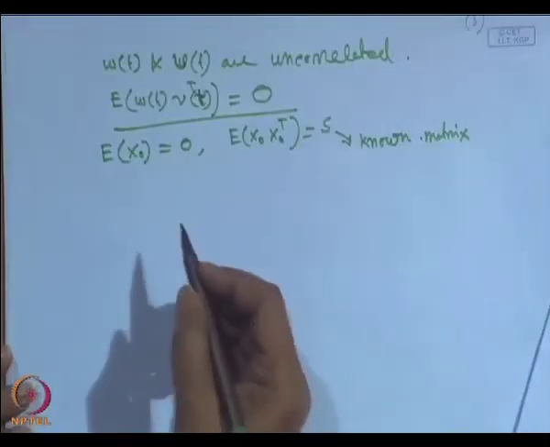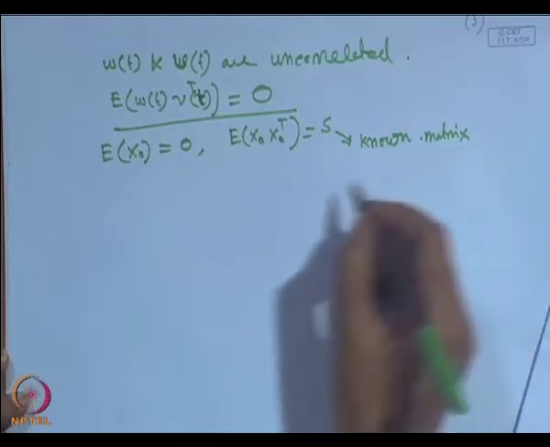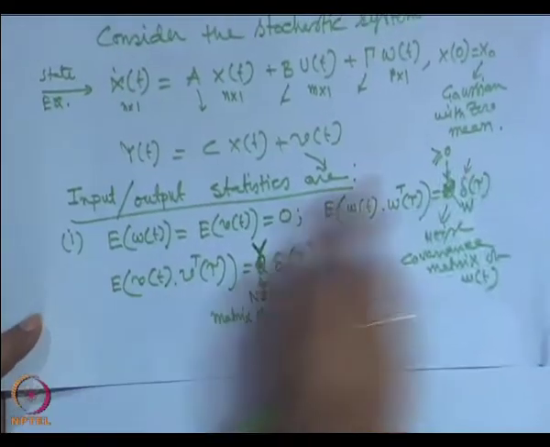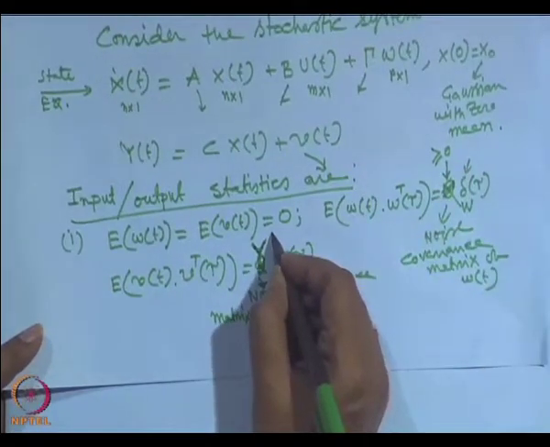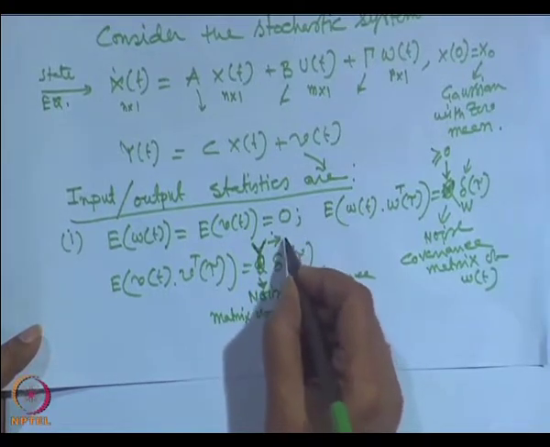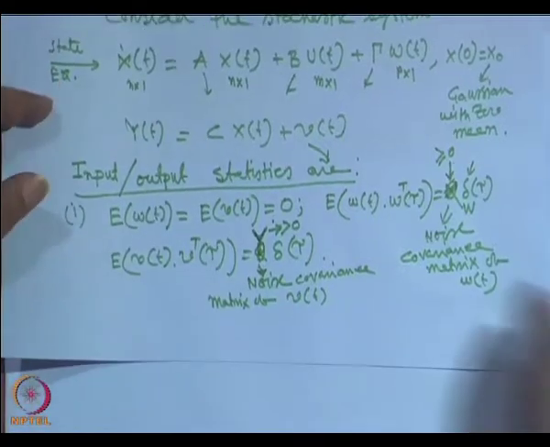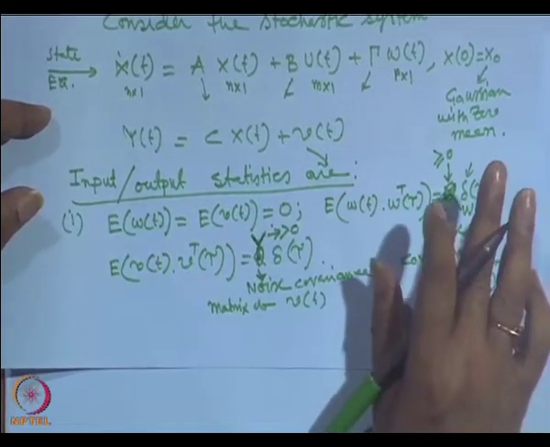Then this noise covariance matrix is positive semi definite, and the measurement noise covariance matrix is positive definite. We made this assumption, and they are symmetric.